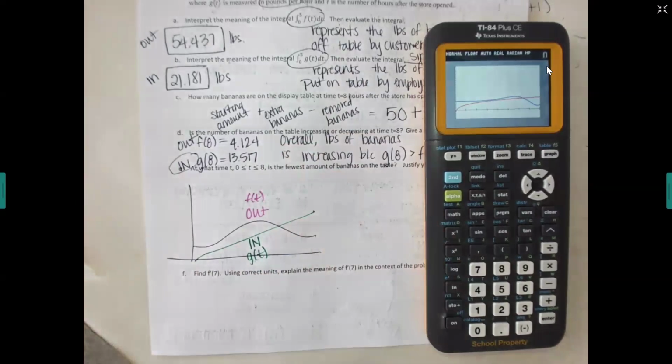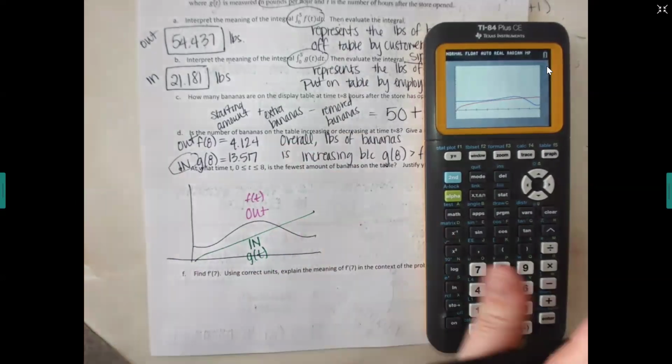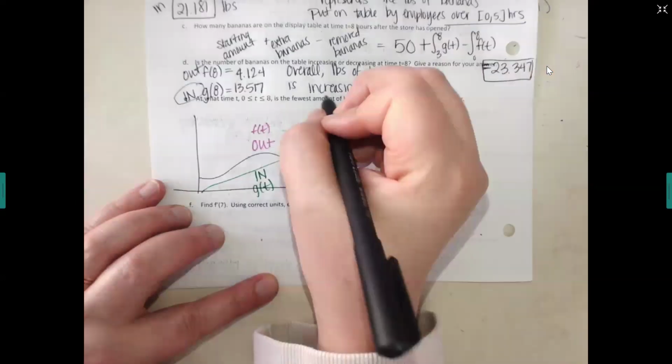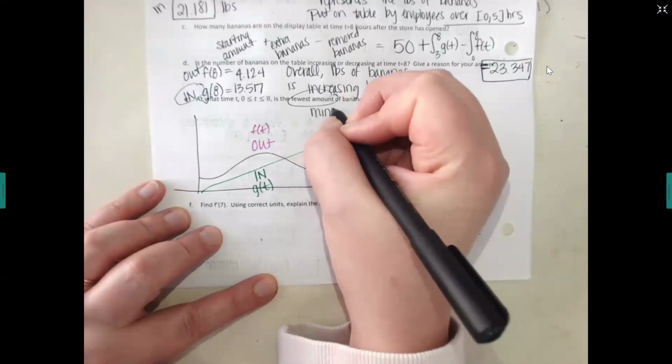Now in this case, they're asking for the fewest number of bananas. Do they want a max or a min? Min is correct. Fewest means I want a minimum.